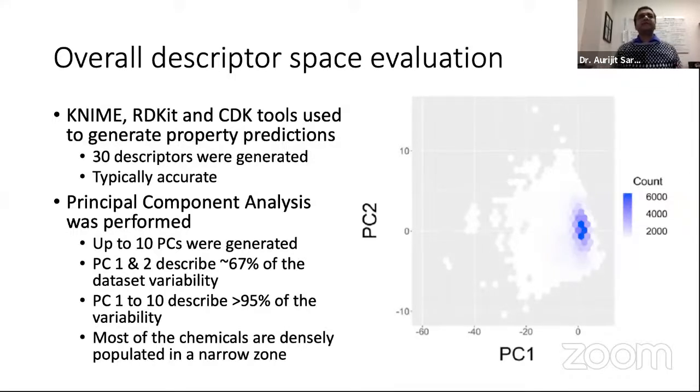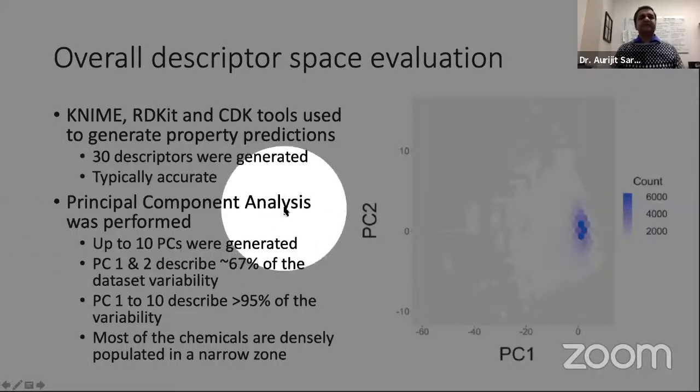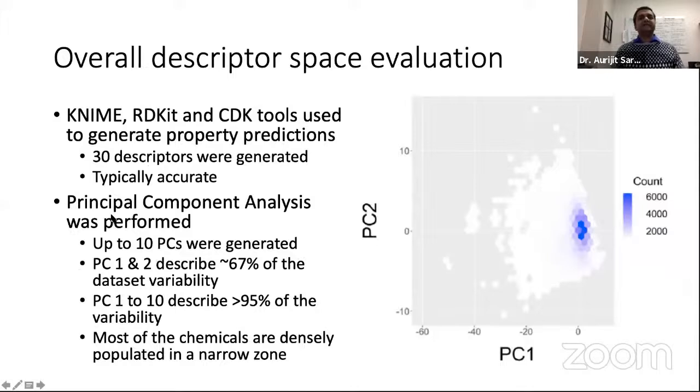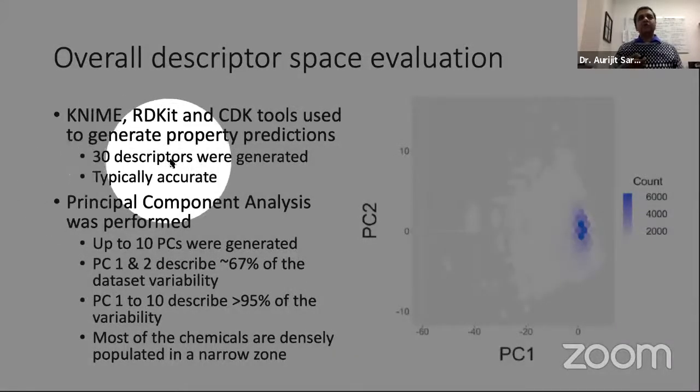So the first thing that we did was we looked at principal component analysis. Principal component analysis is a very simple mathematical method which you can use in order to identify a fewer number of principal components which are almost a substitute for the original properties that you wanted to look at.